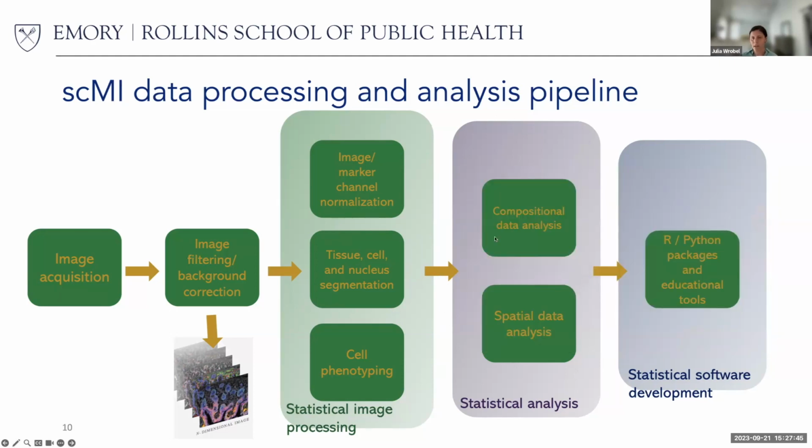So once you have that tabular level data, then you can do your more typical analysis like compositional data analysis, which is what types of cells do you have, and spatial data analysis. And then finally, software development is really important in this area as well.